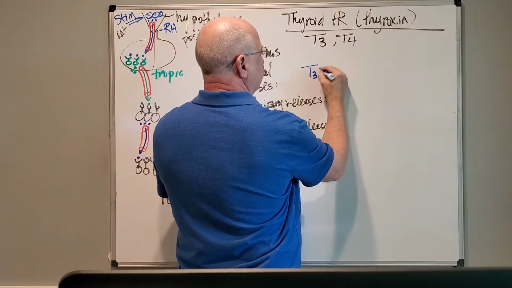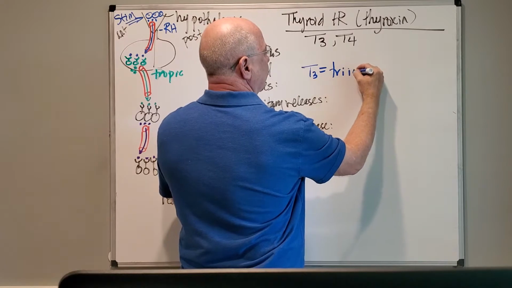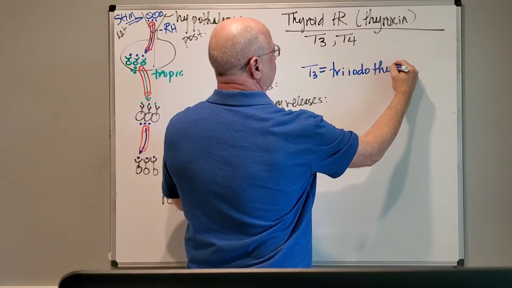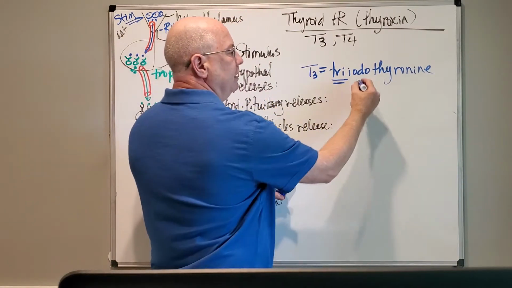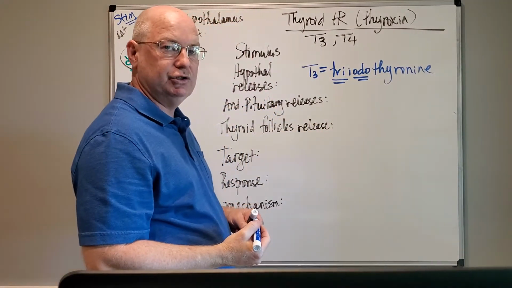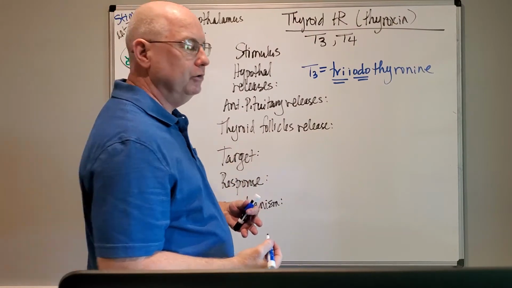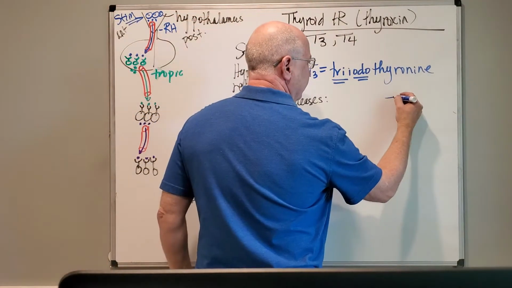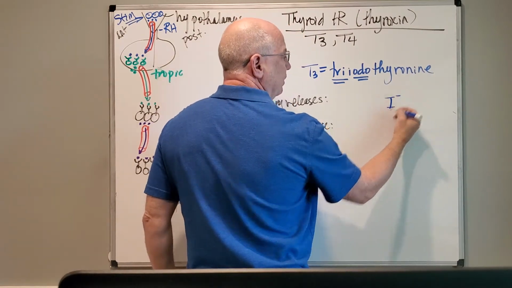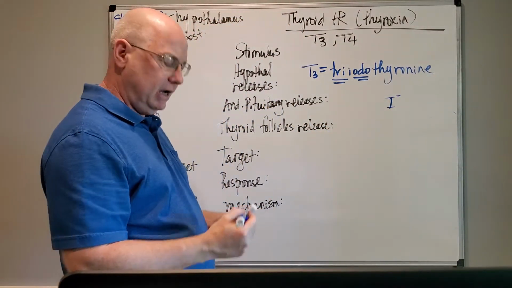T3 stands for the word triiodothyronine. Tri meaning 3 iodine ions. Thyroid hormones have in them either 3 iodide ions, so we're talking about the atom iodine, and when it ionizes it becomes iodide.